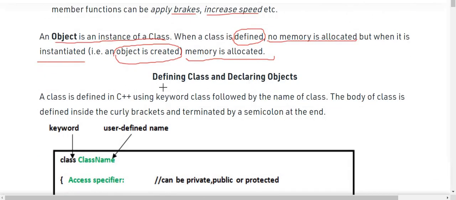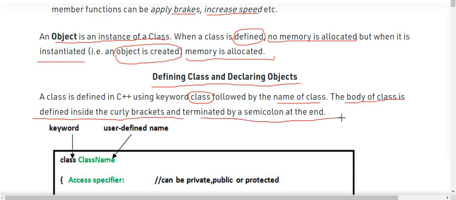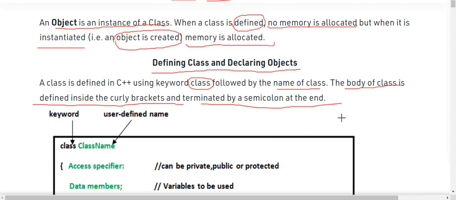Now we will see how we can define a class and declare an object of that class. A class is defined in C++ using the keyword class followed by the name of the class. Then we have the body of the class, which is defined inside curly braces and terminated by a semicolon at the end.